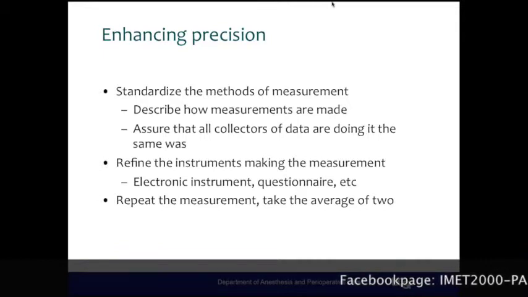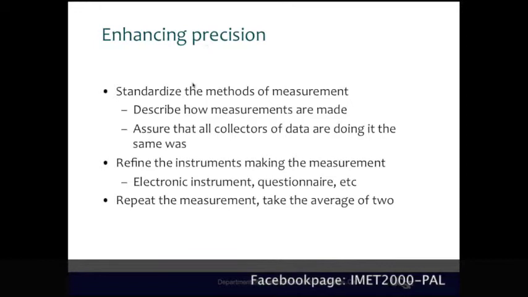So how do we increase the precision of a measurement? One way is to standardize the method that we're going to measure it. That means in your protocol, you describe in detail how the measurements are made, and you assure that all of the collectors of data, whether your medical students or your research assistants or whoever your team is, are all doing the measurement the same way.